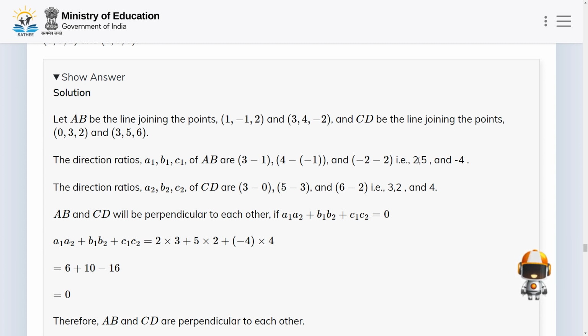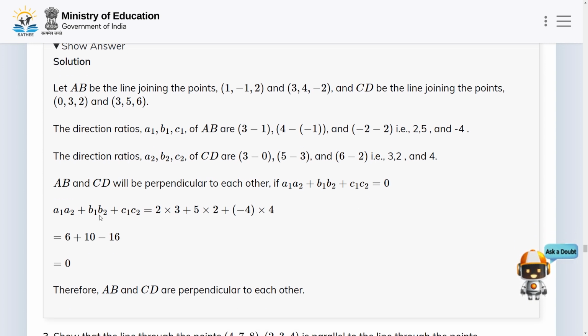For example, 2 must be multiplied with 3, 5 must be multiplied with 2, and -4 must be multiplied with 4, and add them. If you get 0, then both of my lines, AB and CD, will be perpendicular to each other.